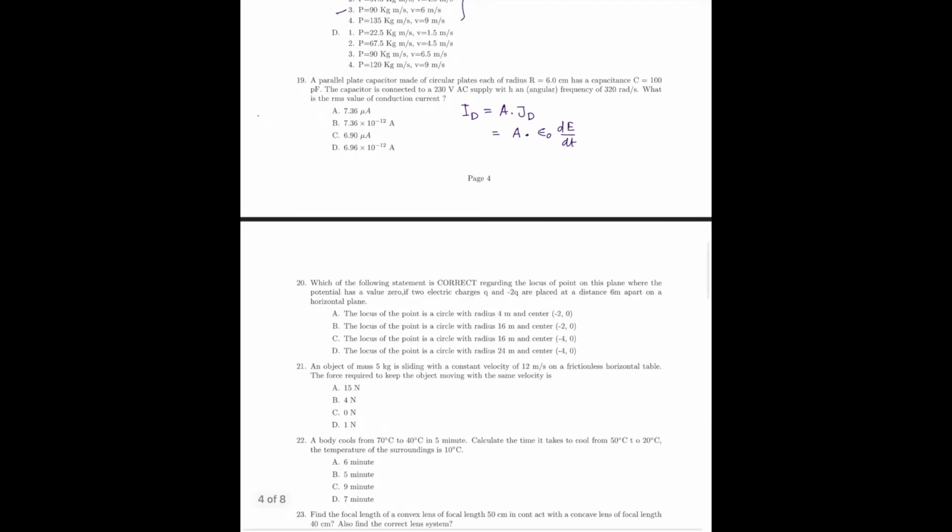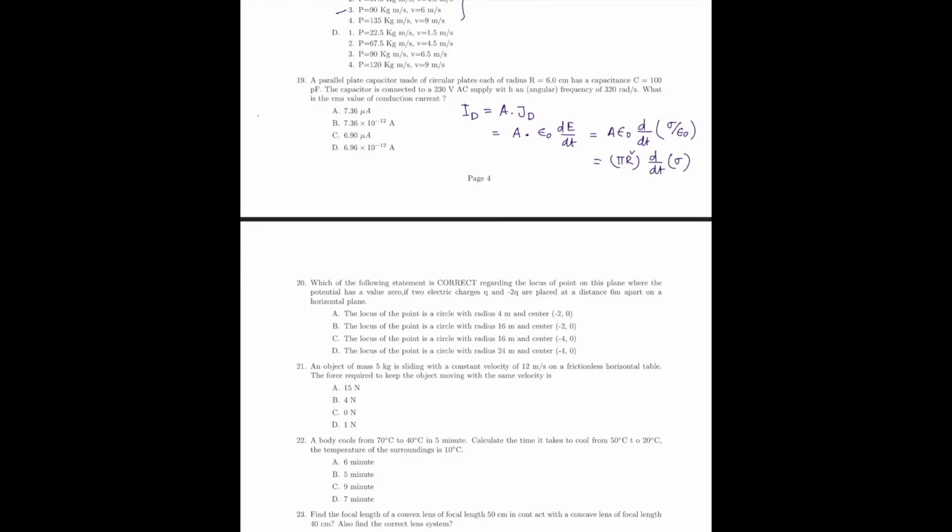For a parallel plate capacitor, the electric field is basically sigma by epsilon naught, where sigma is the charge density. Now since epsilon naught is a constant, I can cancel out the epsilons, so I will have the area, which I can write as pi r square, into d dt of sigma.